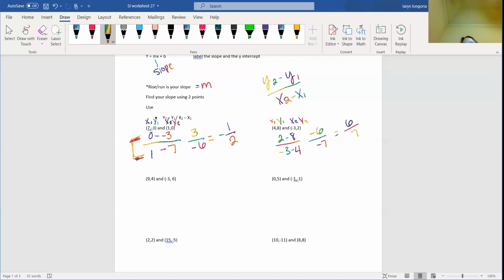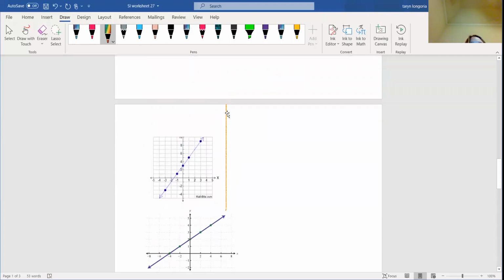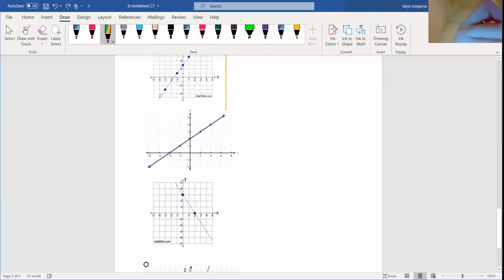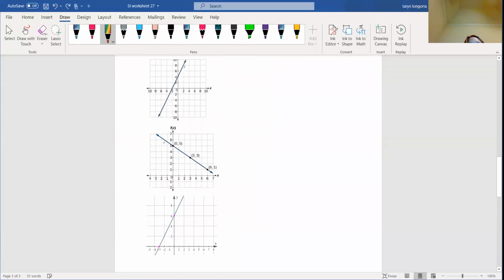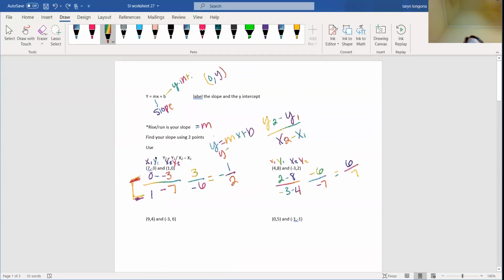With that being your slope, it's going to be your m. So if you had y equals mx plus b, let me go back up here, it would end up being y equals -1/2 x, and then you'll find your b.